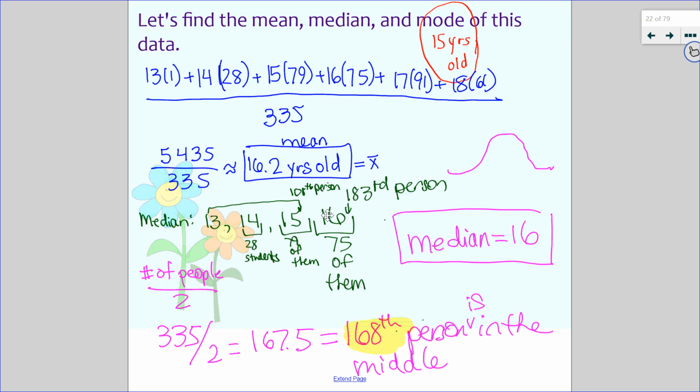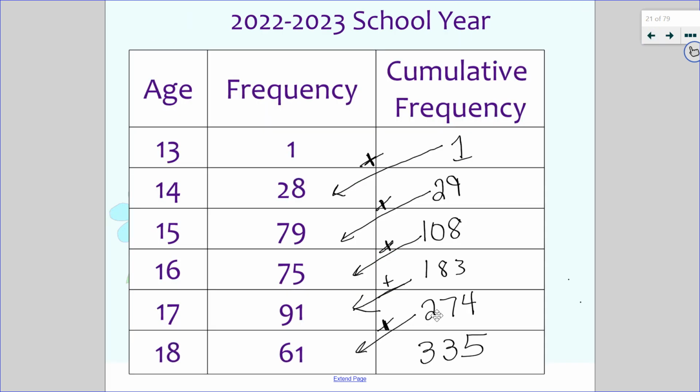And my cumulative frequency shows me that 2 through 29 was 14, 30 through 108 was 15, and 109 through 183 was 16. That cumulative frequency tells me the ages of these number of people, which is why I filled out this chart.